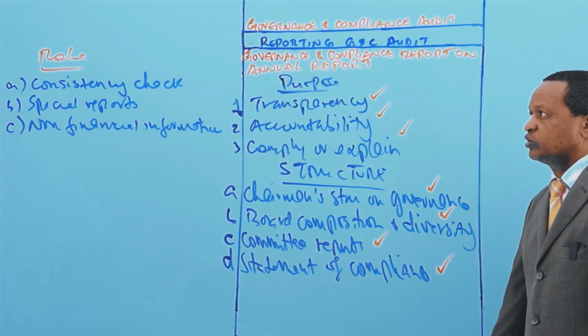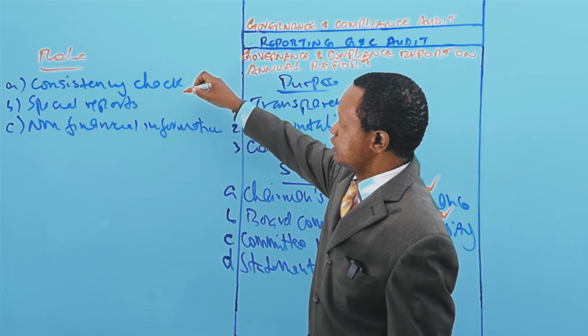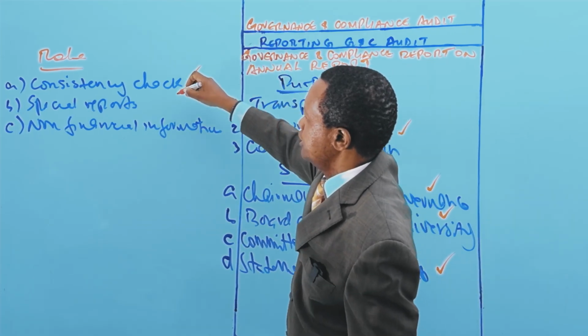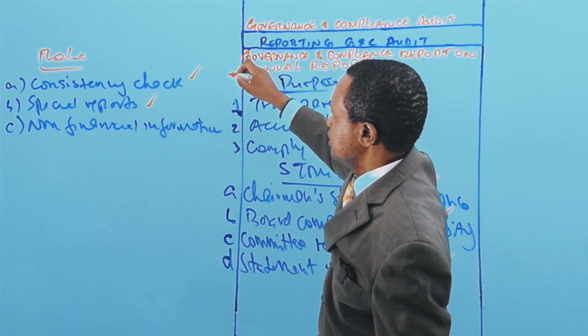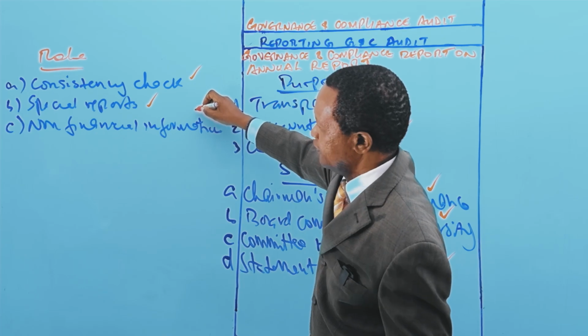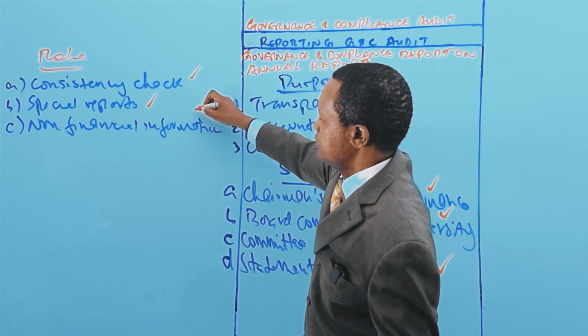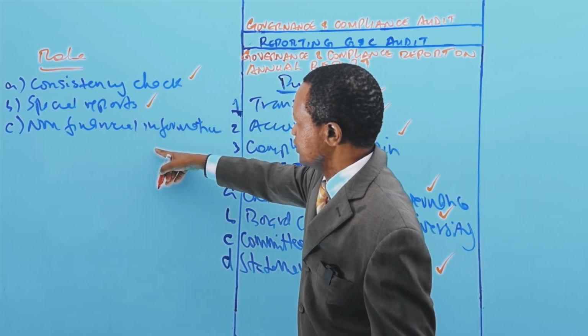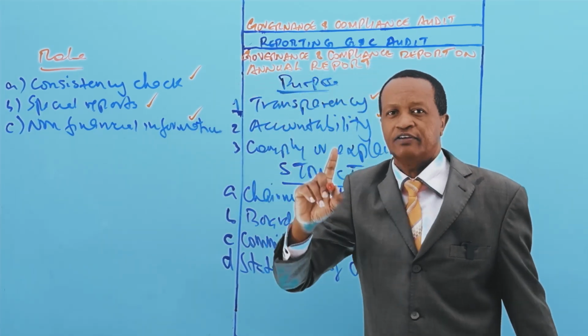We've also stated the role of the auditor: he has to carry out a consistency check, he may issue a special report, and he has to ensure that the non-financial information is backed by evidence.